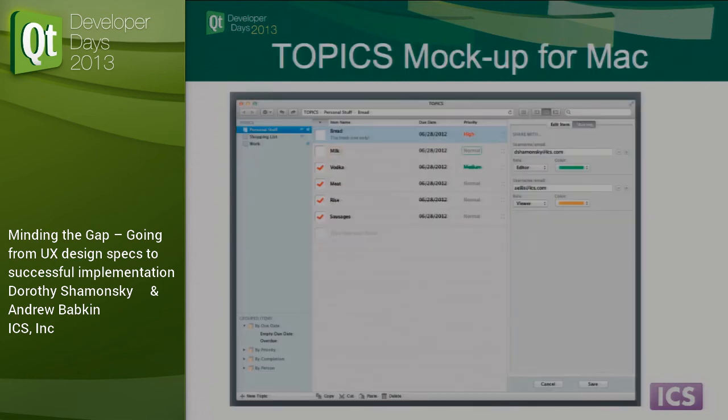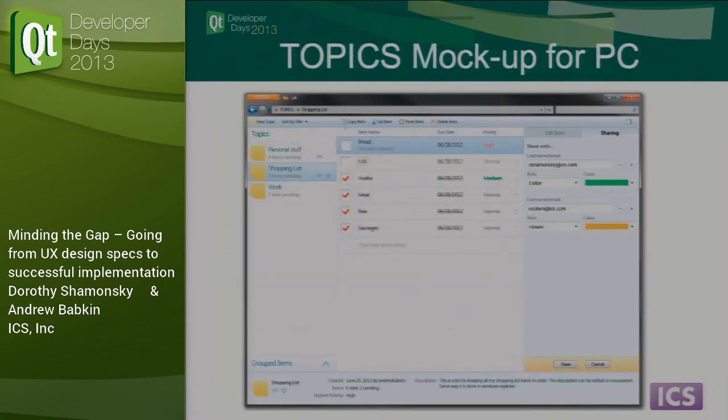Take Topics as our example project here. This is the mockup of Topics for Mac, and this is the mockup of Topics for PC. When we started, we made these mockups and we got pulled to another project, and developers were doing it on their own, and for some reason they were afraid to ask us.